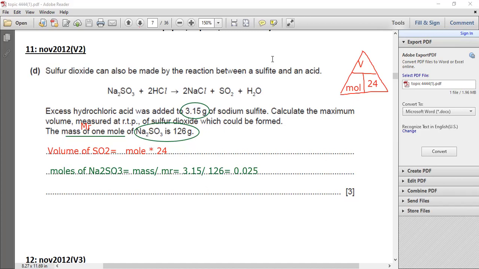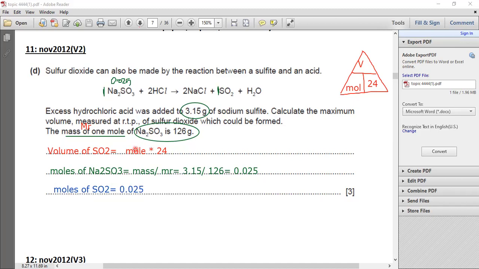You have Na2SO3 0.025. So the other one is going to be 0.025, the same, because the mole ratio is 1 to 1. So moles of SO2 as well equals 0.025.